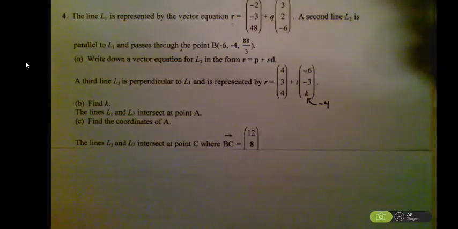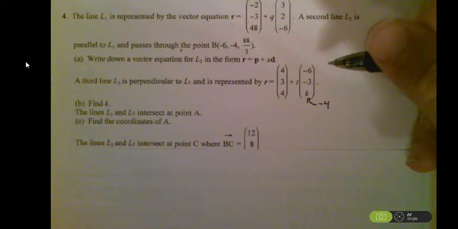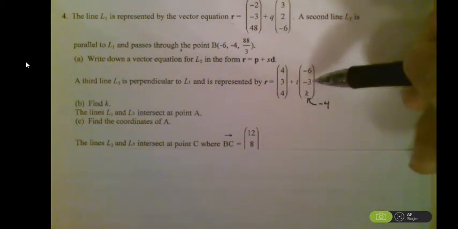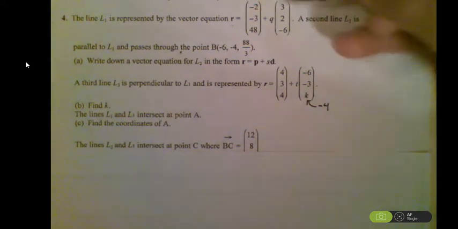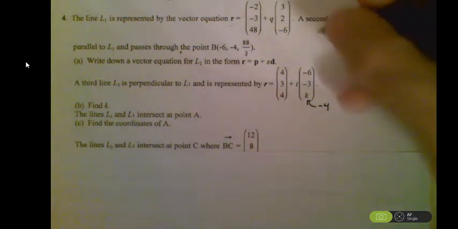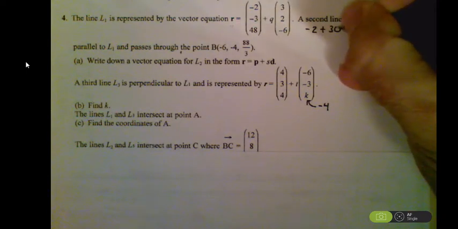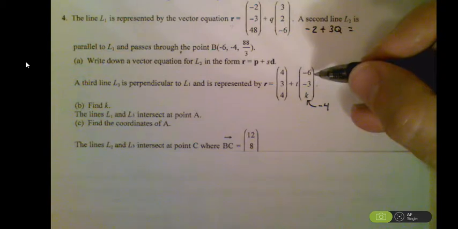So in this guy, we're just going to write two parametric equations that we can solve as a system of equations. If I had any zeros, I would use those, but we don't. So let me just use maybe the first lines. So right here, I could do -2 plus 3q. And since I used the top line on that one, I'm going to match that up with the top line on this one.